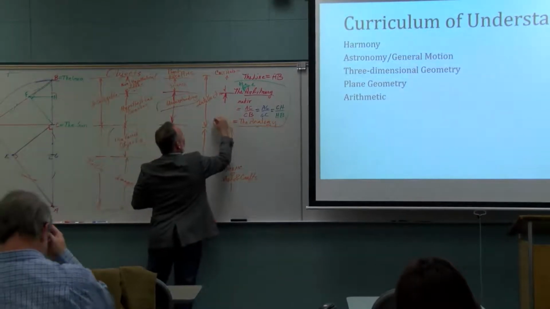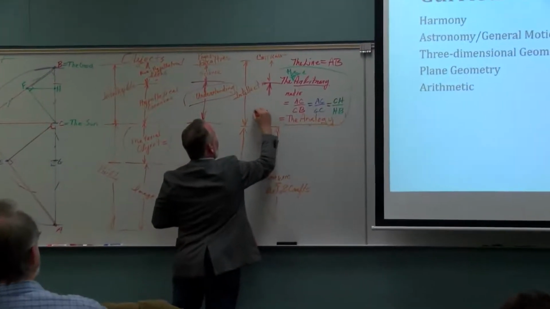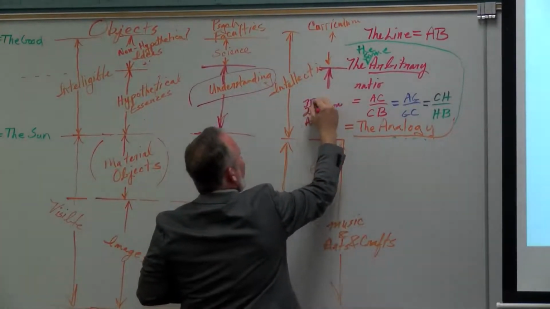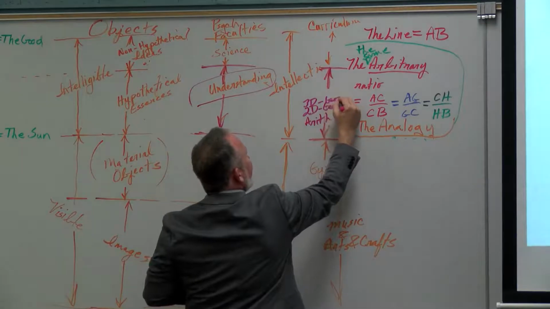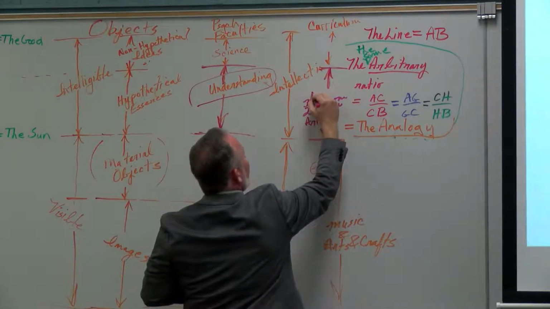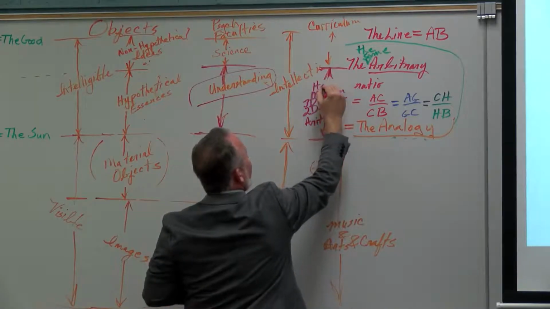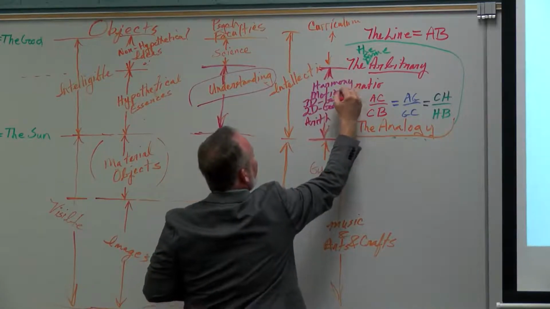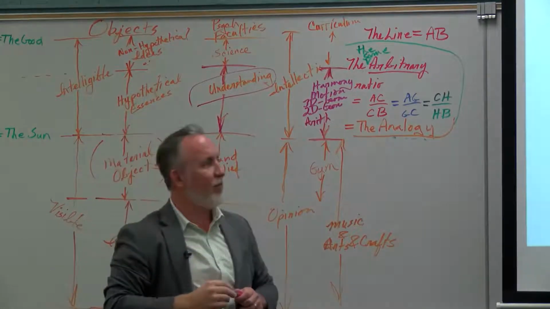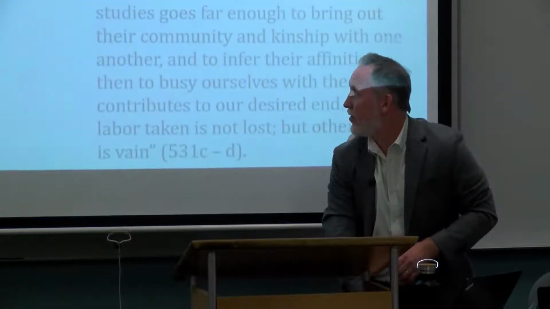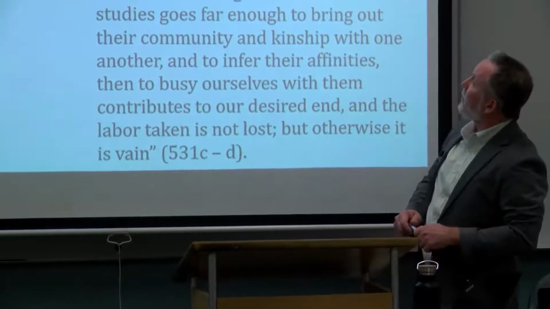So we're going to have arithmetic, 2D geometry, 3D geometry, motion, and harmony. And of course, harmony was seen as the biggest and most difficult subject because it dealt with proportions, which was actually somewhat problematic at the time of Socrates.